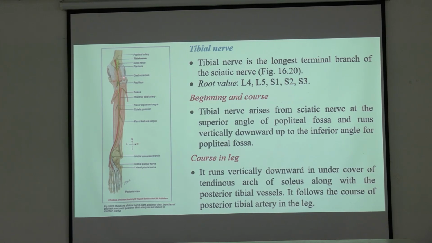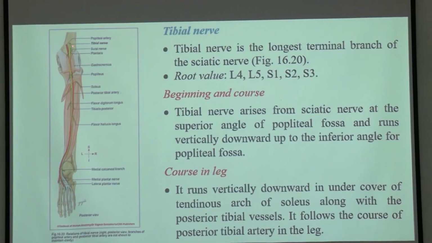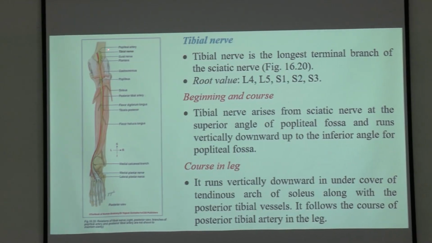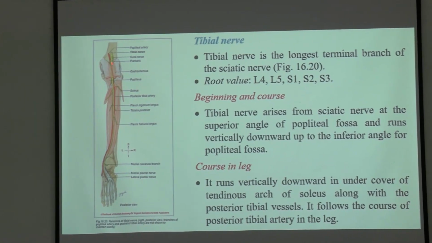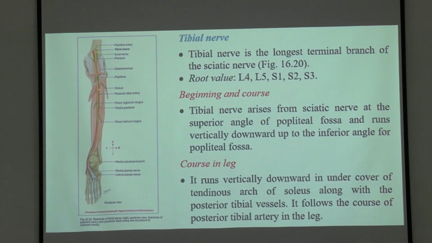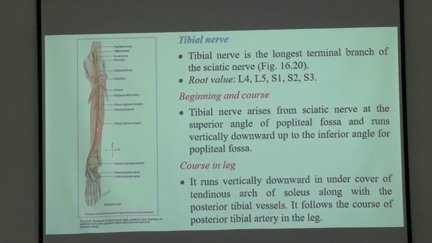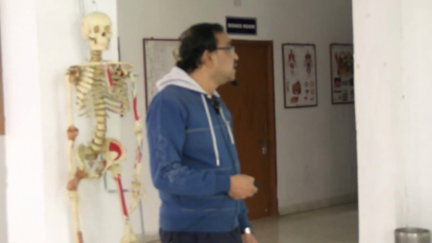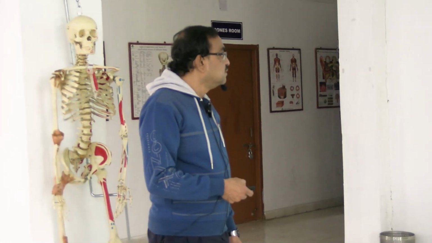The nerve first remains on the medial side, okay, because actually the tibial nerve was on the lateral side, it crosses in the popliteal fossa, it becomes medial. Again, in the lower part of the leg, it resides on the lateral side of the artery, and it divides into medial and lateral plantar nerves, okay.